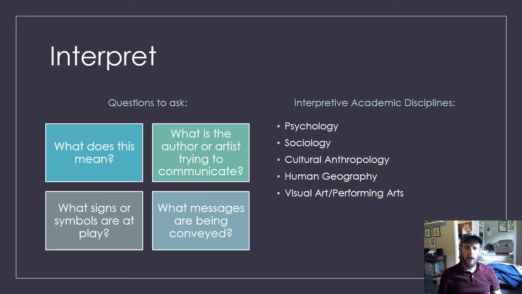What are they trying to communicate, right? What signs or symbols are at play, right? From stars to colors to size. The ring is a symbol, right? What messages are being conveyed?